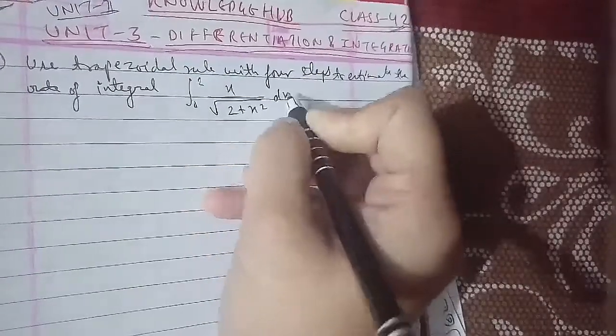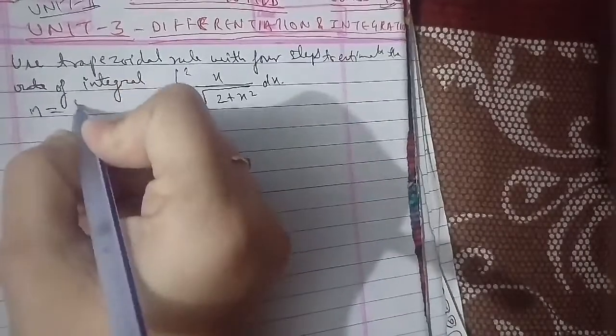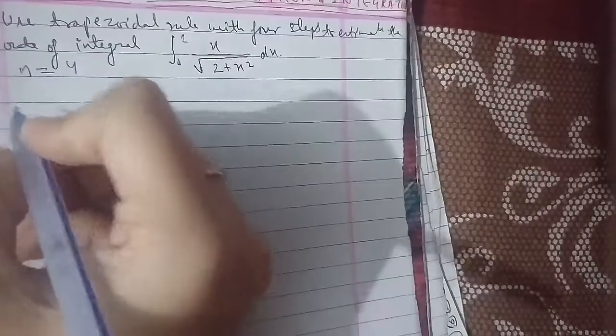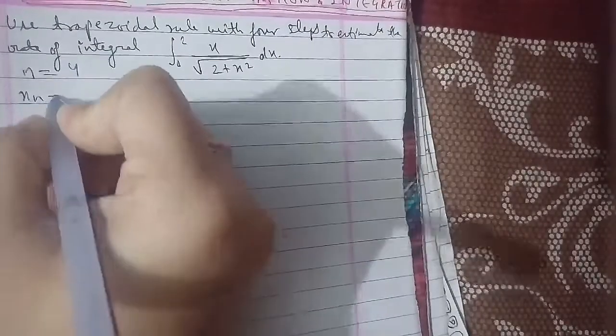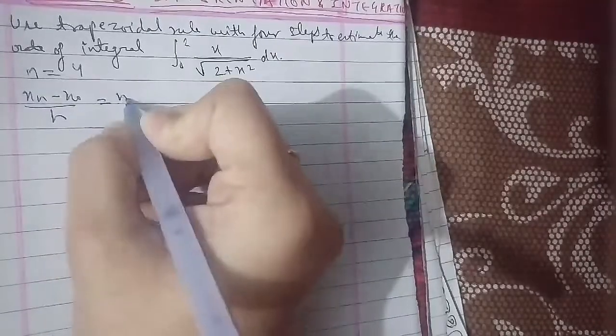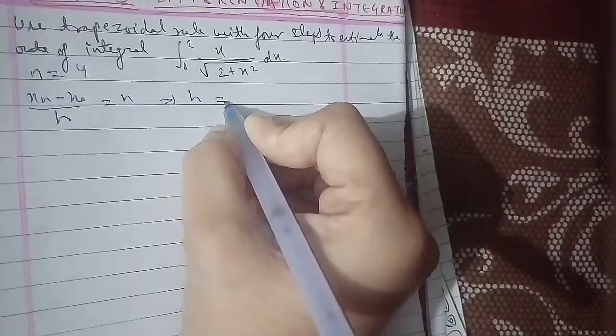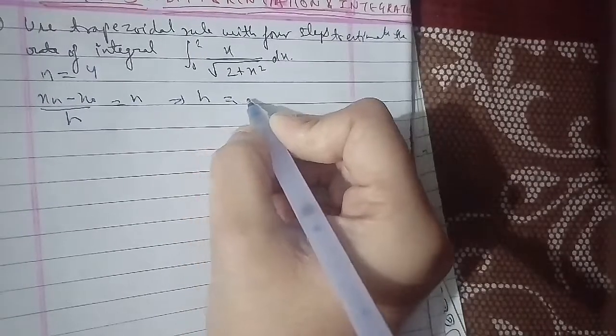Since there are 4 steps, n equals 4, and we know that h equals xn minus x0 whole upon n.